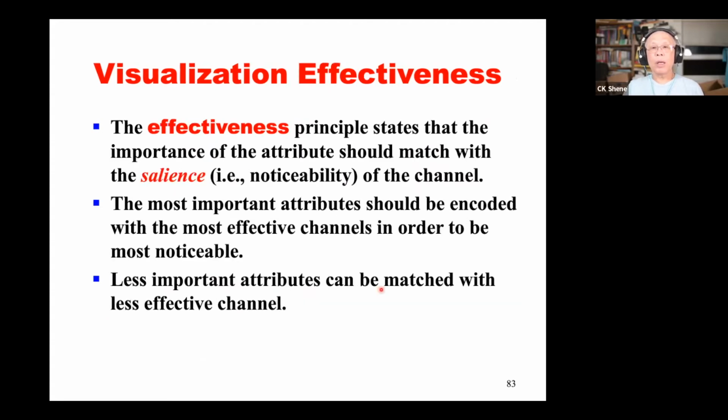The visualization effectiveness. The effectiveness principle states that the importance of the attribute should match with the salience or noticeability of the channel. The most important attribute in your data set should be encoded with the most effective channels in order to be most noticeable.